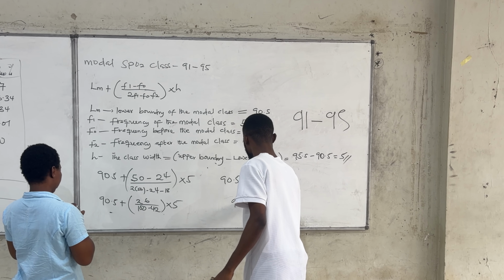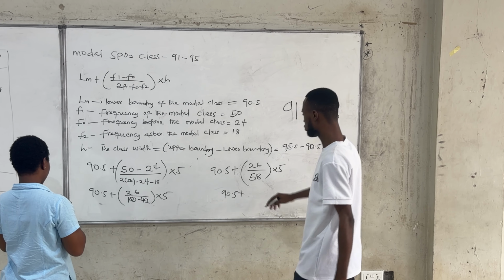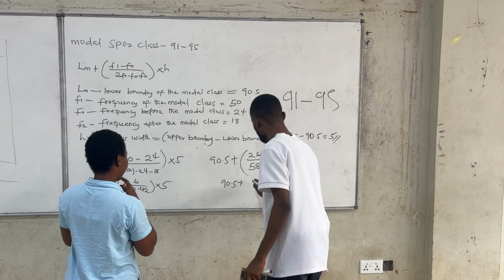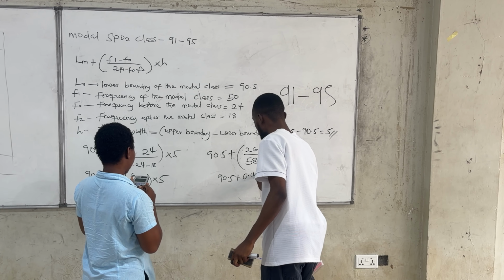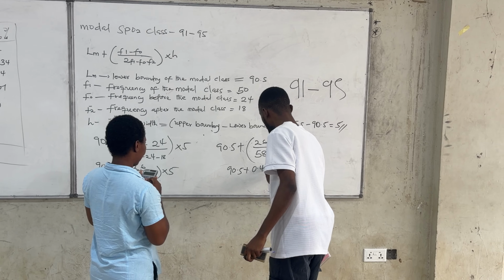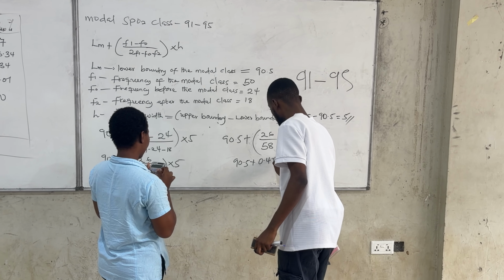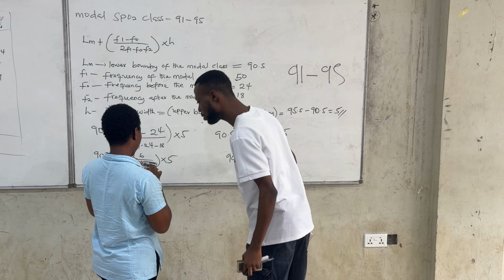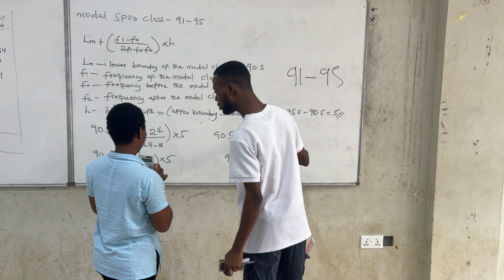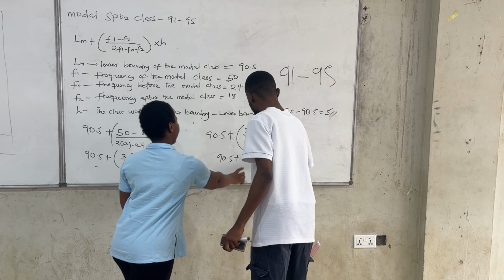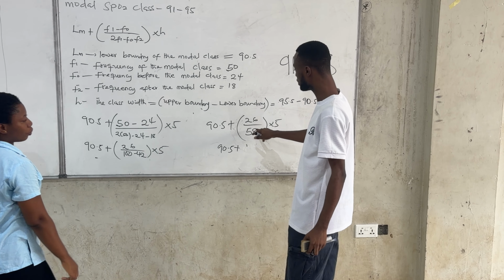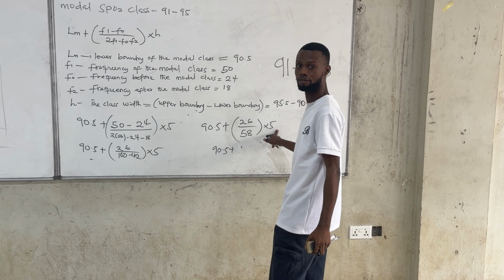So 90.5 plus, punch this one, 0.4. We just punch the value of this one, then you multiply by the 5.